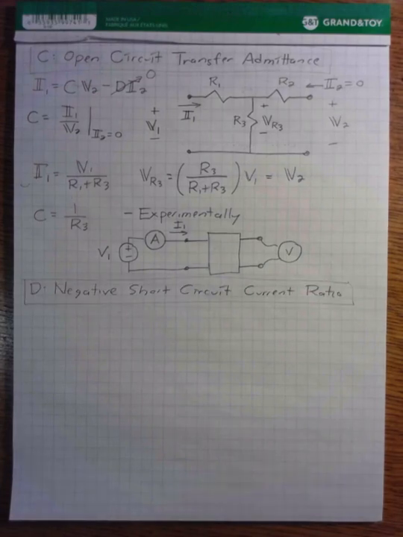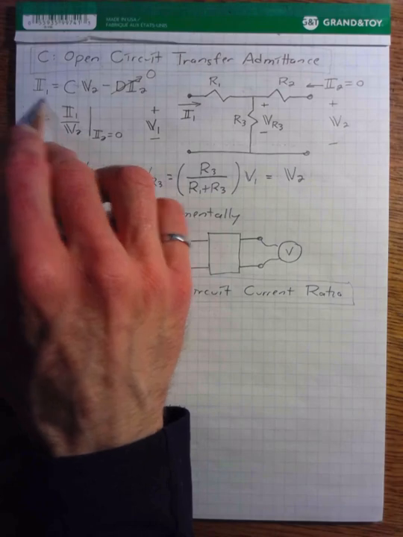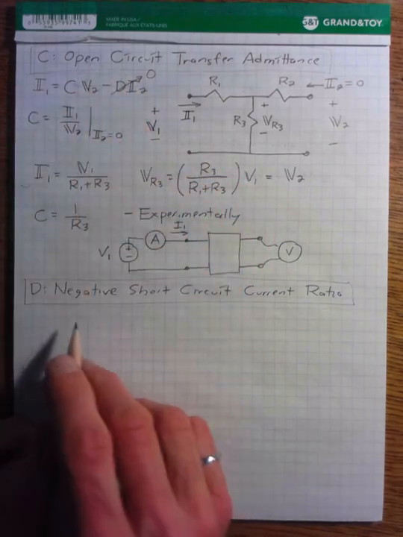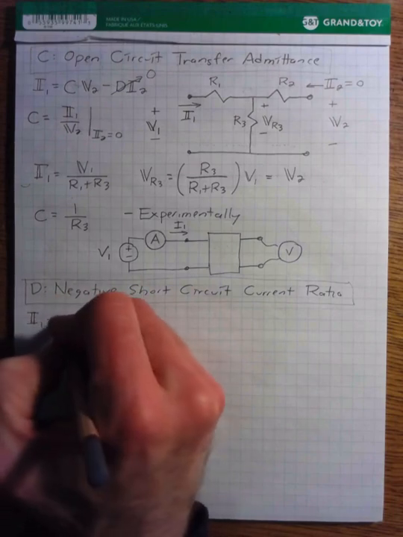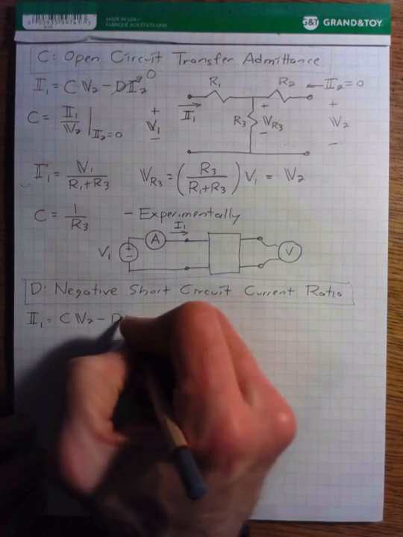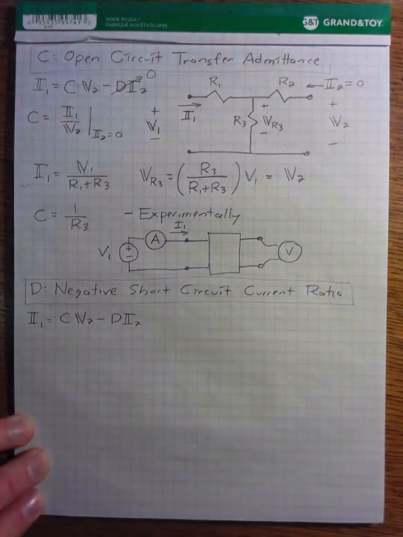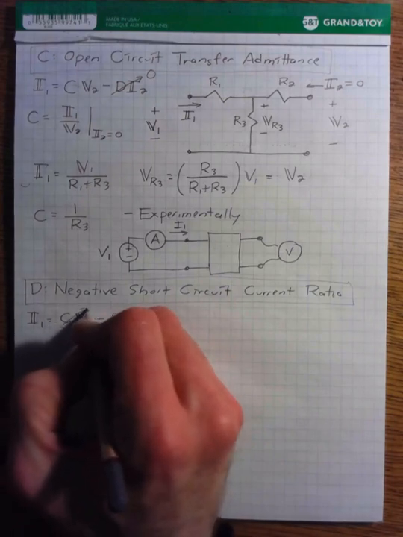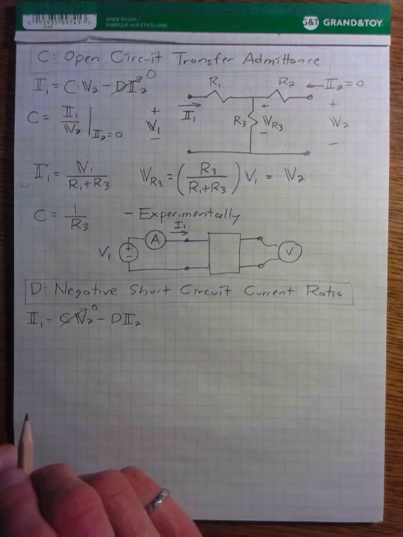So now finally, D, our last parameter, is something that's known as the negative short circuit current ratio. And again, exactly the same procedure. First of all, we write down the equation that contains the parameter that we're interested in. I1 is equal to C V2 minus D times I2. Not interested in C, so I'm going to get rid of this by short-circuiting V2 so that V2 is equal to 0.